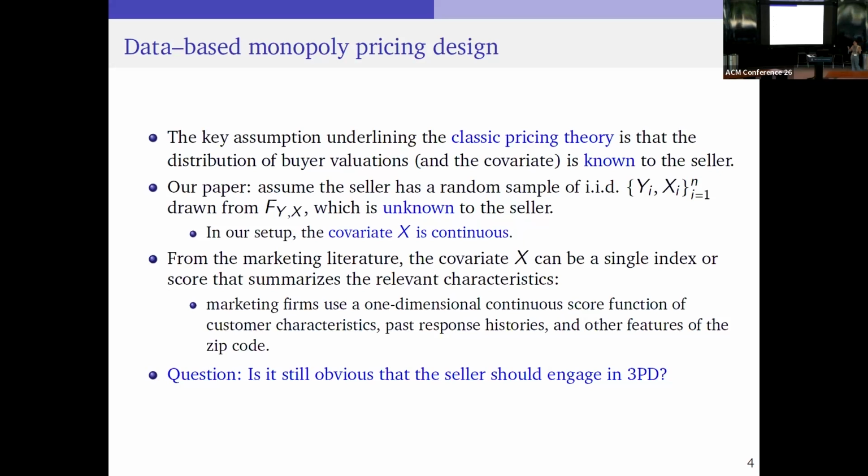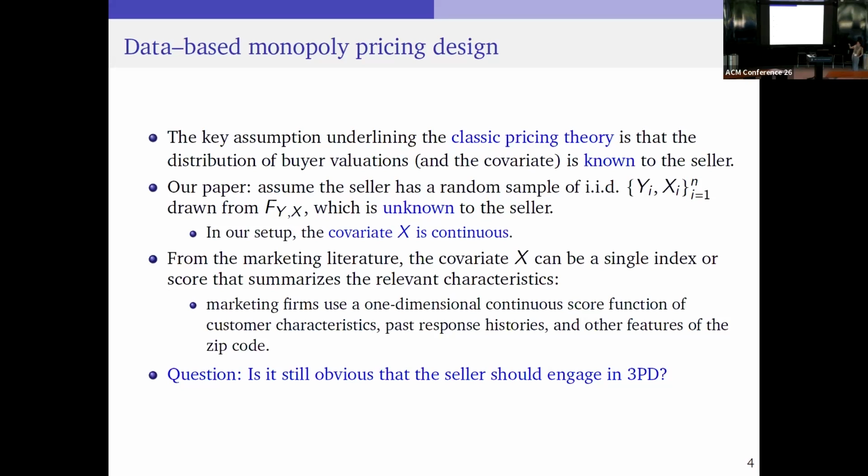We'll be considering a setup where X is continuous. If your X is discrete, the problem is kind of simple. Suppose you have just a few discrete values for X. Essentially, you condition on that discrete value and then do the pricing, so the theoretical analysis is rather straightforward. The difficult part is when you assume the covariate X is continuous.